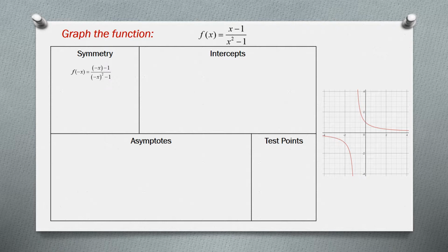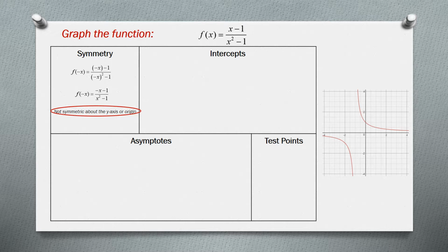I can observe symmetry by checking the function at negative x. So notice now I'm taking my original function, the function I want to graph, and I'm going to substitute the negative x to see what happens. When I do that and simplify, I discover there is no symmetry around the x-axis, the y-axis, or the origin, because when I substitute negative x and simplify, I do not get the original function.